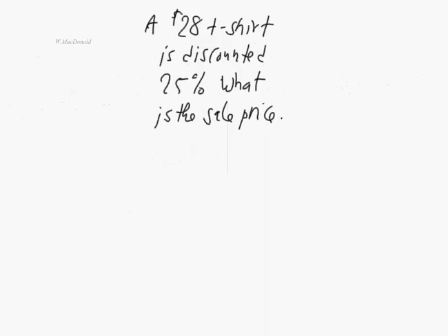Your next question says a $28 t-shirt is discounted 25%. What is the sale price? Well, if I want to use a calculator, I say 25%, which is 25 over 100, which is 0.25, of $28. 25% of $28.